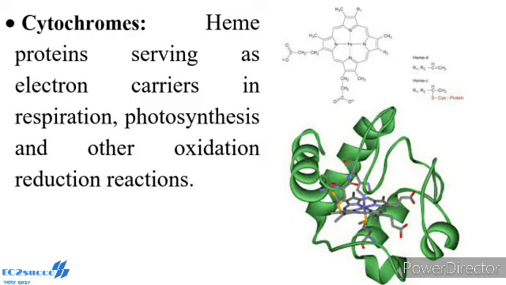Cytochrome c is a small protein attached to the outer surface of the inner membrane and acts as a mobile carrier for transfer of electrons between complex 3 and complex 4. Complex 4 refers to cytochrome c oxidase, a complex containing cytochrome a and a3 and 2 copper centers.